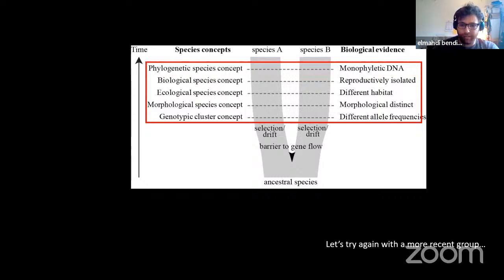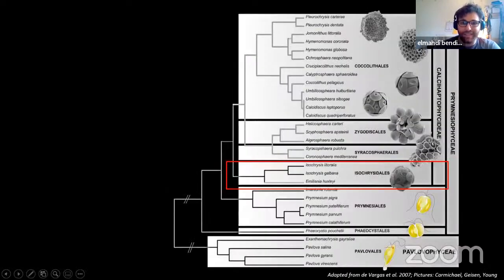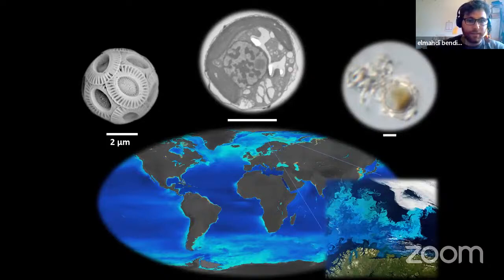So we can try the same approach with something a bit more recent, at least in terms of recentness of speciation, but also in terms of recentness of methodology. So if we look at the Isochrysidales, we have that famous species, Emiliania huxleyi, that is really widespread.